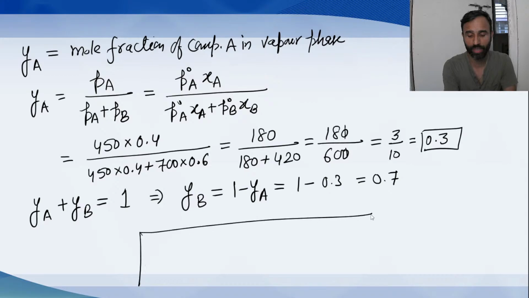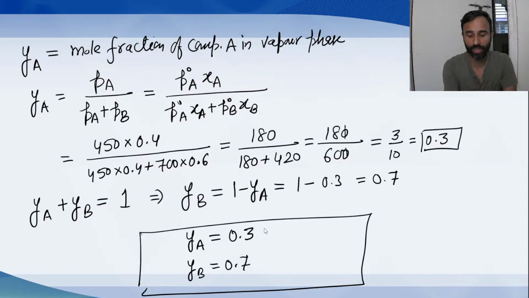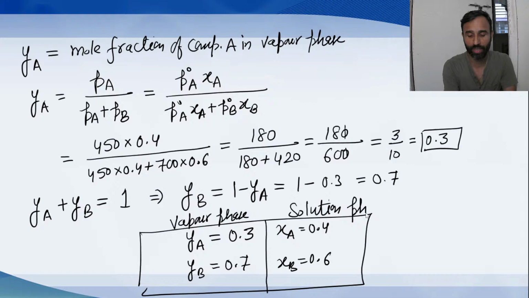So now mole fraction in vapor phase, YA equal to 0.3, YB equal to 0.7. And in the solution phase, it was XA 0.4, XB 0.6. That's it. This is in the vapor phase, and this is in the solution phase, right?